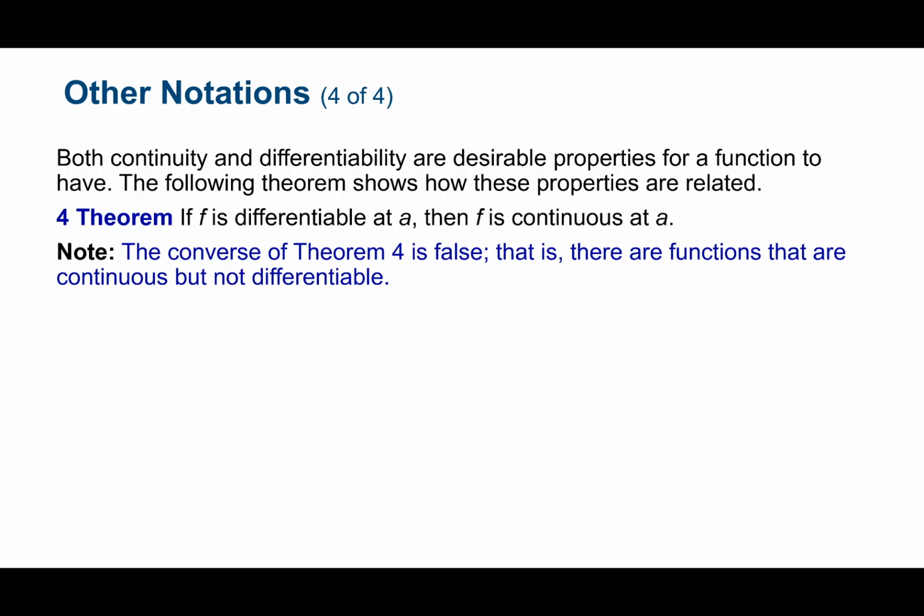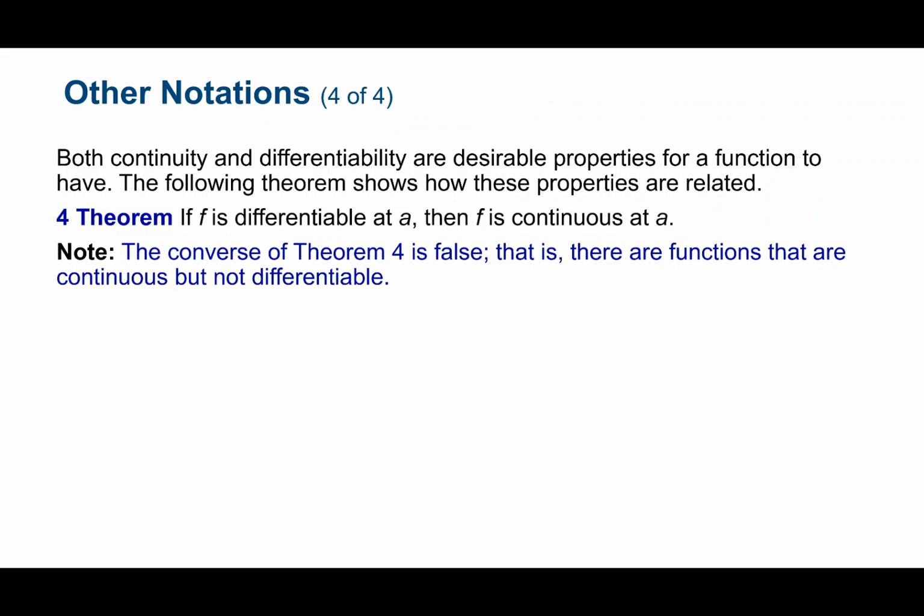If we try to take the converse of that, if we switch the order, our statement's not true anymore. It is not true that just because f is continuous, it means it's differentiable. But if you know it's differentiable, you do know it's continuous.